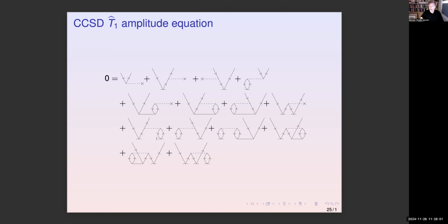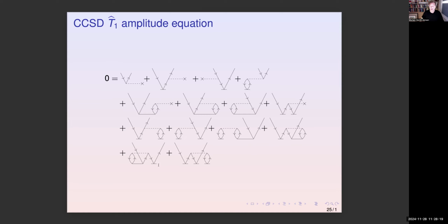This is a T1 squared. This is also T1 squared. This is a T1 cubed. And finally, this is a T2 times a T1. So all these are possible contributions which we can get to the amplitude equation for the one particle, one hole excitations.